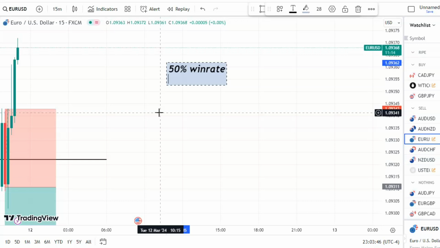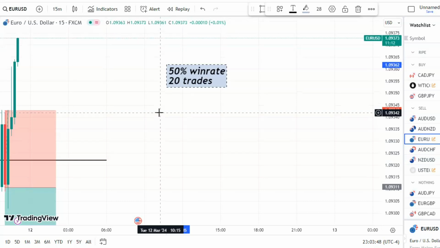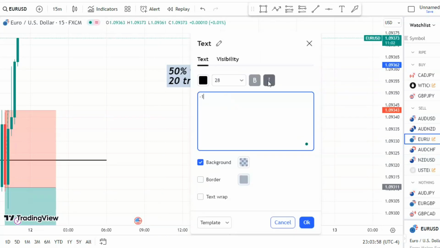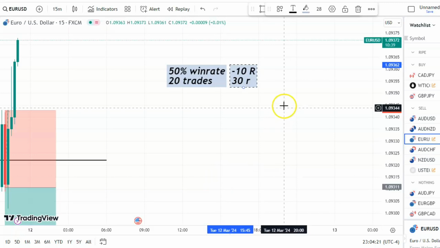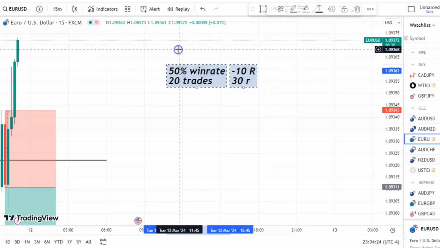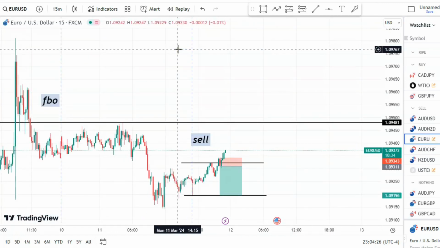Say for example, you have 20 trades, meaning you have minus 10 R at the end of your 20 trades, and your winners are on average 3 to 5 R. So let's call it 3 R. And so you have 30 R in your winners. So point being, it's all about the math. If the math makes sense, then just stick to the math. And that's what I do.